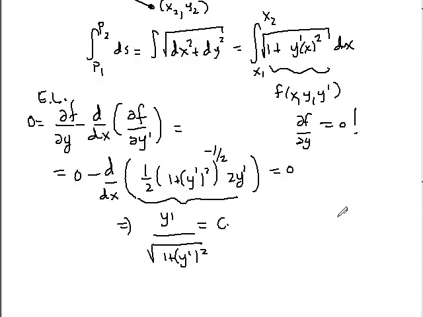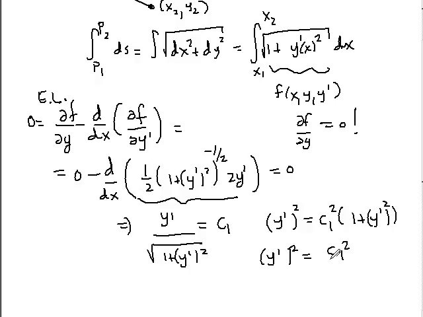Call it C1. Now, if I multiply by both sides and square it, I will get y prime squared equals C1 squared times 1 plus y prime squared. If I solve this for y prime, I'll have a 1 minus C1 squared on the left. So this is C1 squared over 1 minus C1 squared.